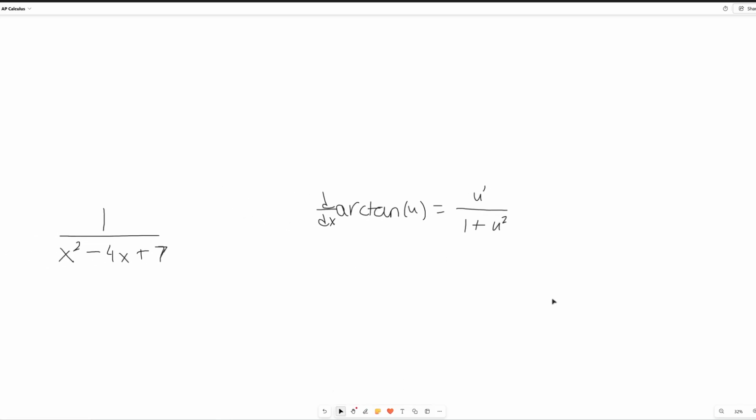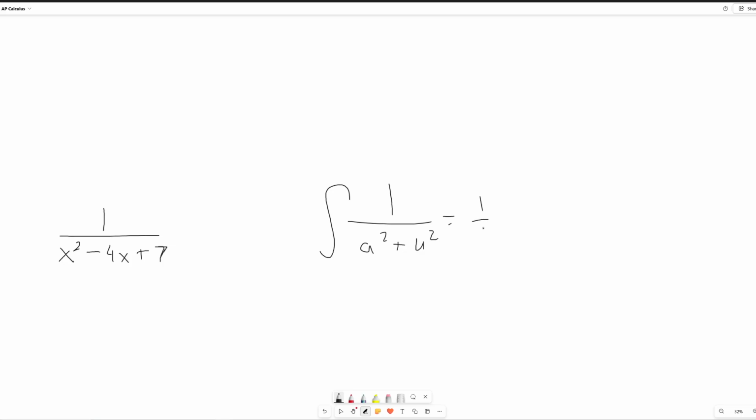So the integral of 1 over a squared plus u squared equals 1 over a times arctan of, not x, of u over a, plus C.